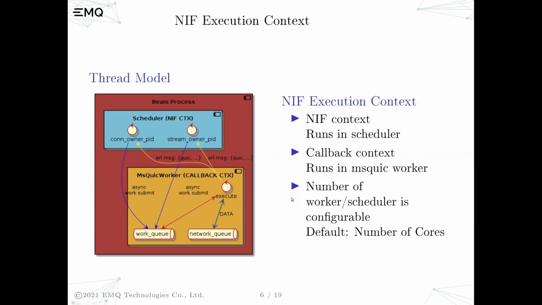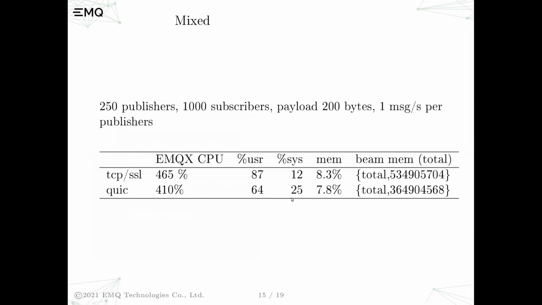Yes. Okay. Thanks. Okay. I have another question. Have we done anything regarding dirty schedulers, or is long scheduling in the Beam NIF itself a concern for users starting to use it?